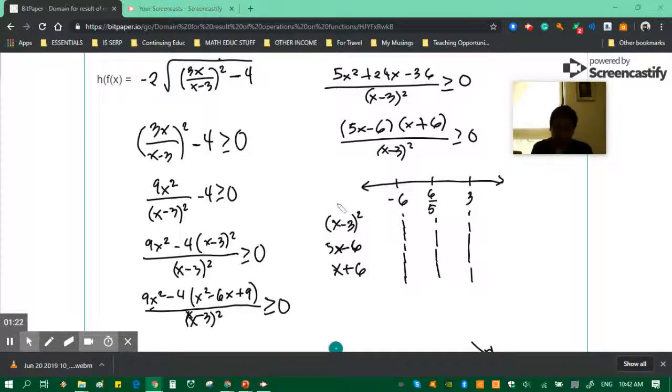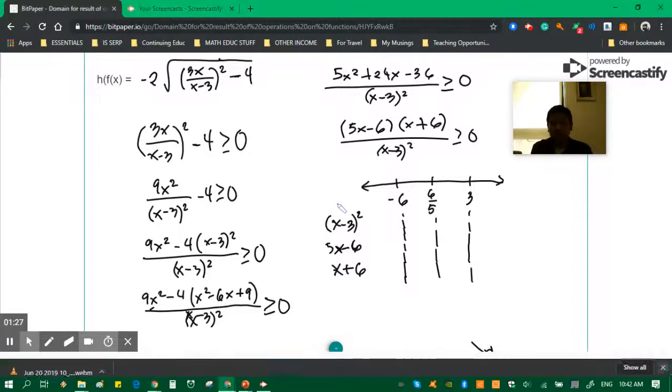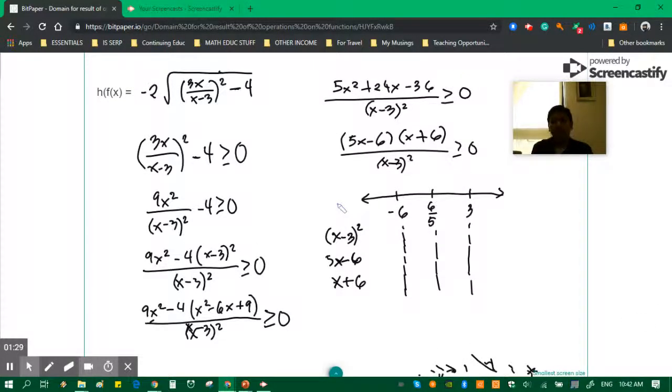Now, because this x minus 3 is squared, that means it's always positive, whatever value we use. Then 5x minus 6 is going to be 0 at 6 over 5, so that leaves this behavior. X plus 6 will be negative here and positive for the rest.